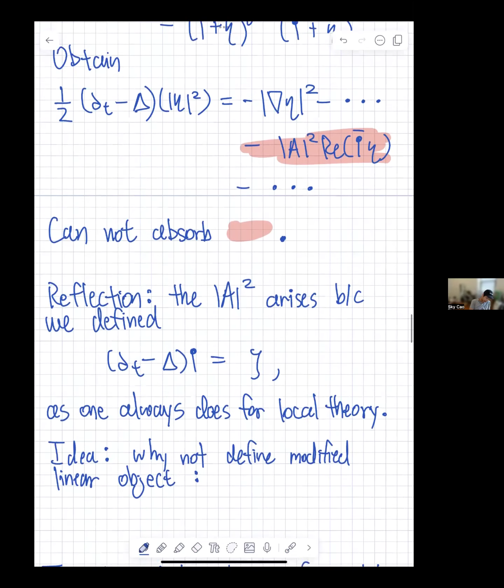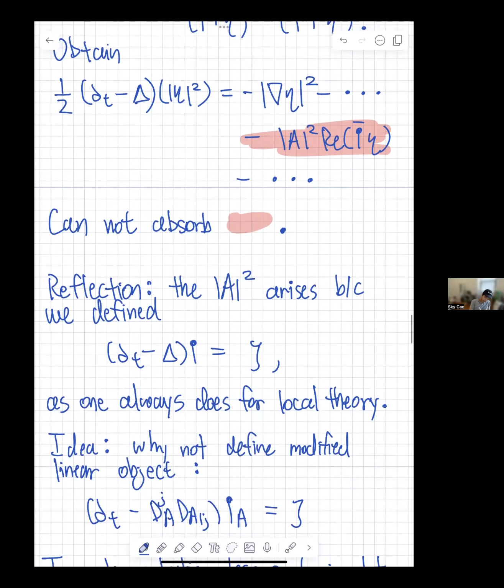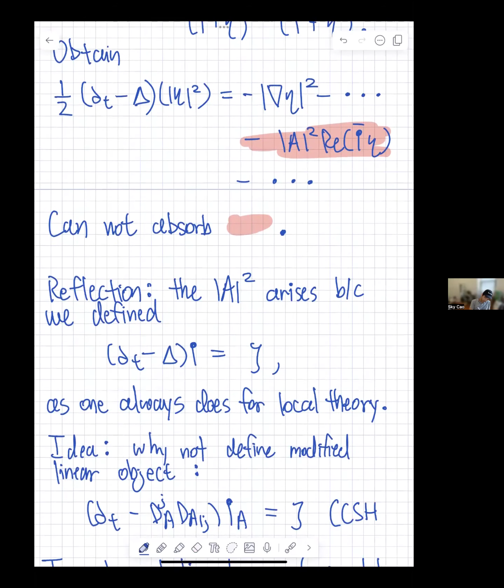Which satisfies this equation. I call this CSHE, for covariant stochastic heat equation, because you have this geometric Laplacian instead of the usual Laplacian.